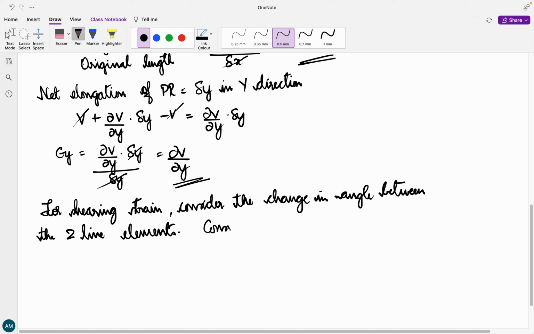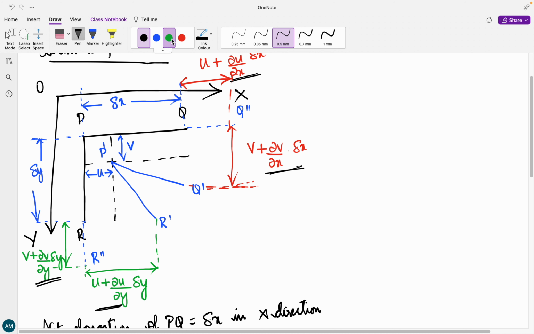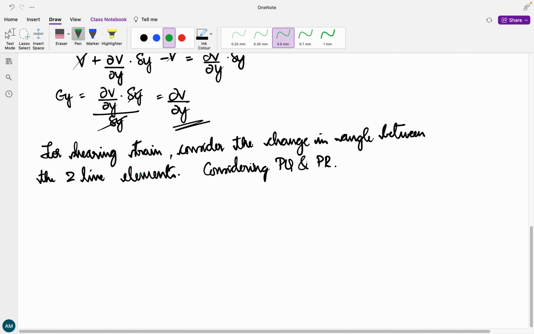The two line elements are PQ and PR. Let us consider the angles formed as alpha 1 and alpha 2. We will consider these two angles in order to arrive at the shear strain value. So gamma xy is alpha 1 plus alpha 2.